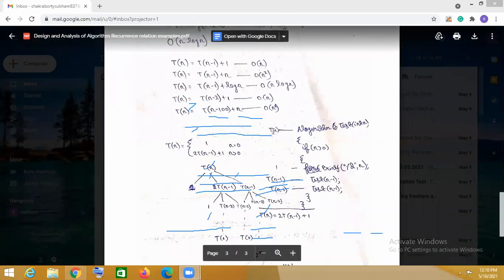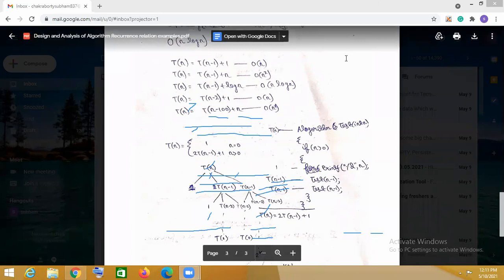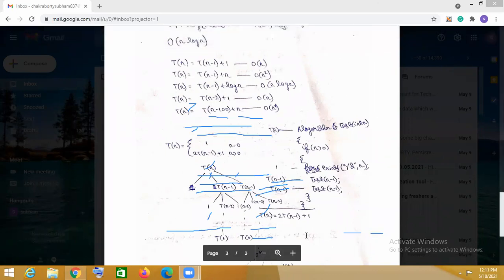So that's why the total time is T(n), and we are considering the statement. This requires 1 unit of time, and this function is calling itself twice. So you can see T(n minus 1), T(n minus 1), and our total time will become T(n) equal to 2T(n minus 1) plus 1.